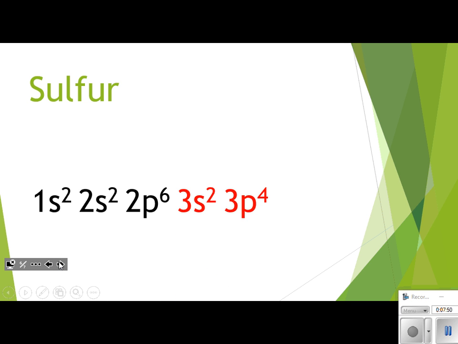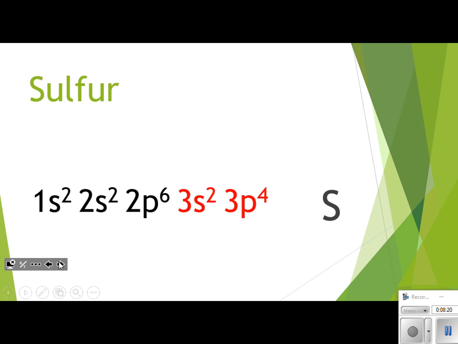Correct? Now, what I have in red up there are the valence electrons. Remember, valence electrons are the electrons that are on the outermost energy level. How many electrons do I have on my valence level here? 2 and 4 is 6.